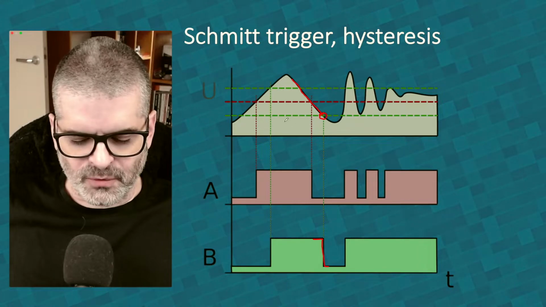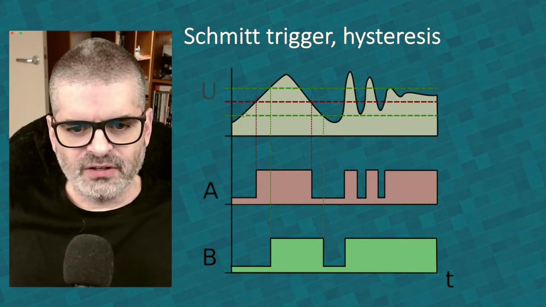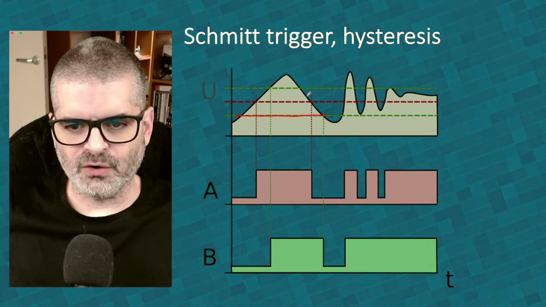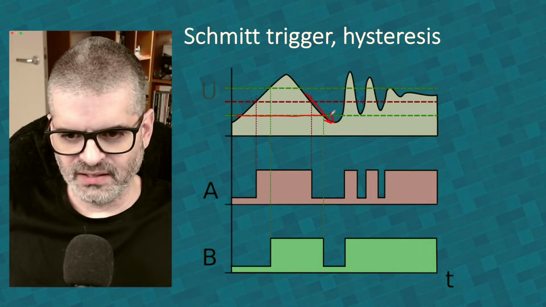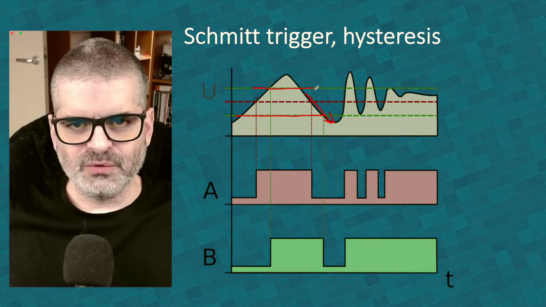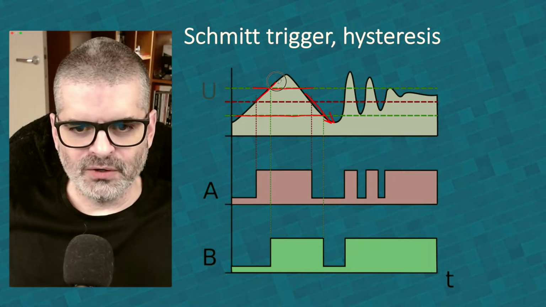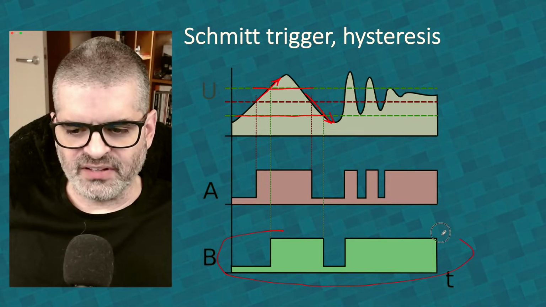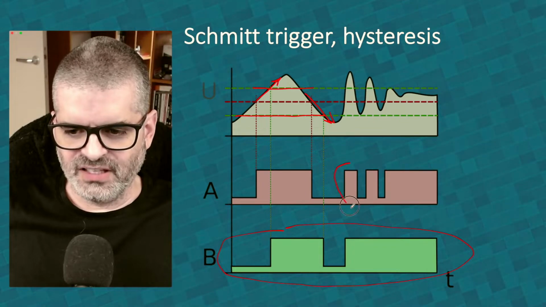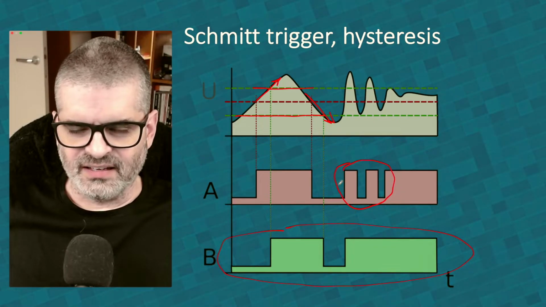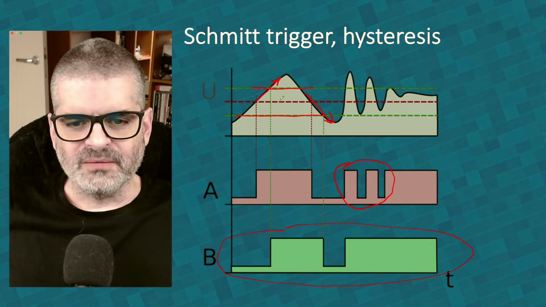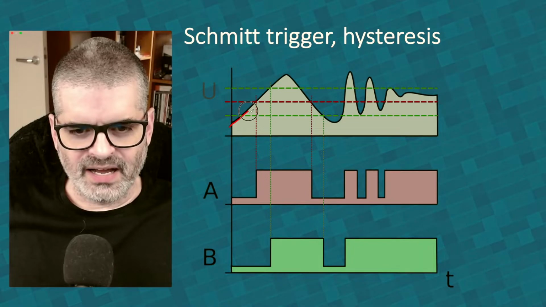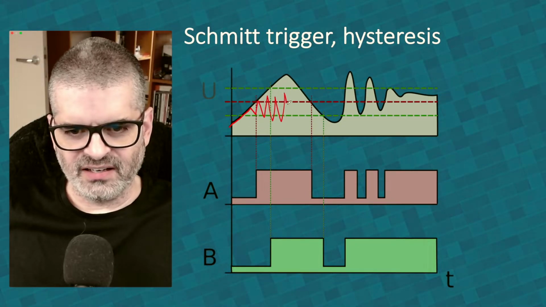You see? So hysteresis is when you have these two thresholds, a low threshold, which is what you use when you're going from high to low this way, and a high threshold, which is what you use when you're going from low to high this way. And if you look at the resulting signal here, the digitized version, it doesn't have these oscillations here, you see? It's a much cleaner signal. If you are going from low to high, even if you have a lot of variation here, it doesn't matter.